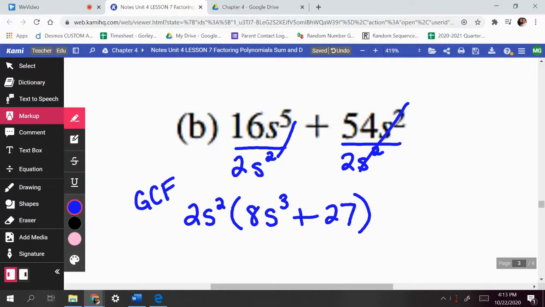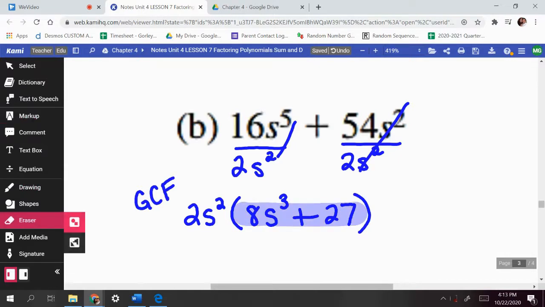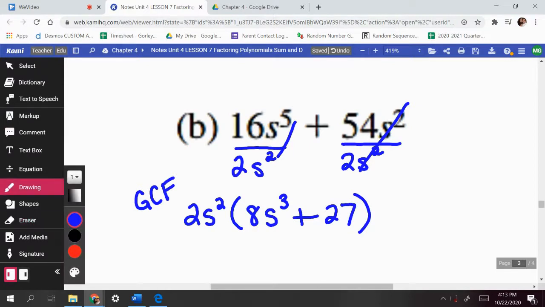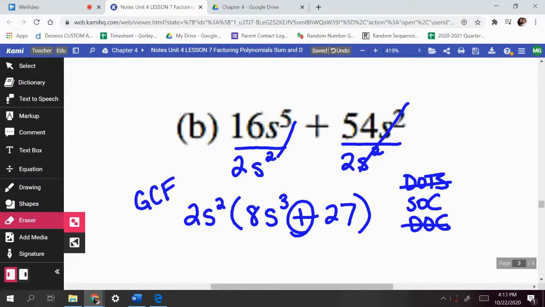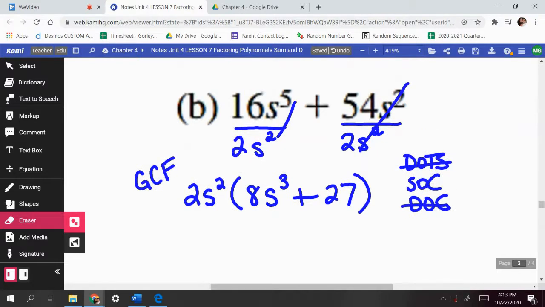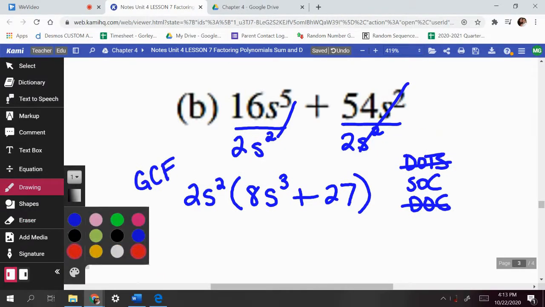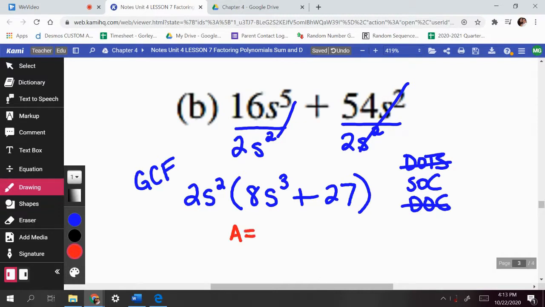And then I have to look inside and ask myself, can I factor that anymore? Well, it's 2 terms. So I'm either looking at difference of squares, sum of cubes, or difference of cubes. Anything that's a difference, it's not going to be because I see a big old plus sign in there. So the only possibility might be sum of cubes. So I'm going to ask myself, what is 8s cubed a perfect cube of?